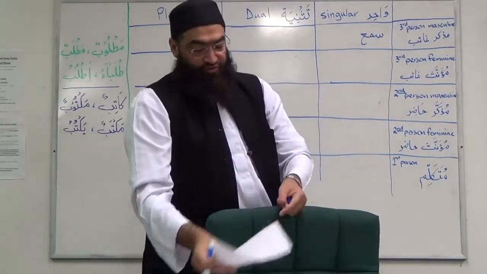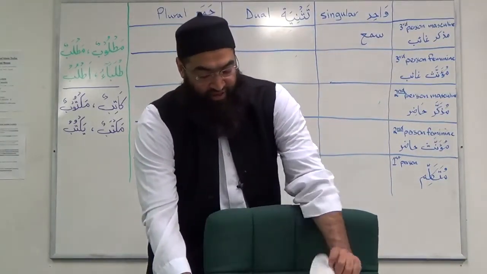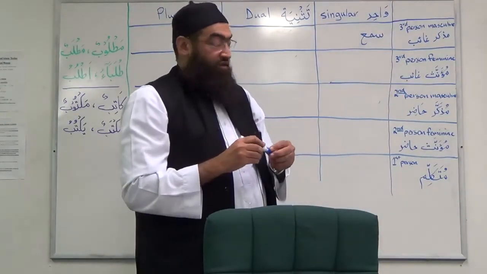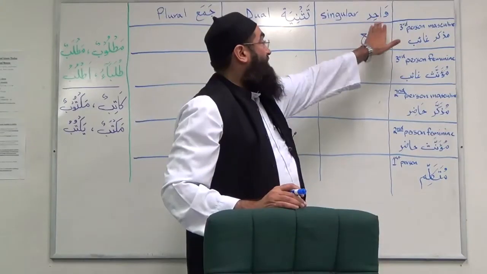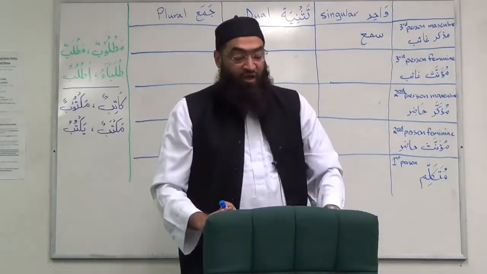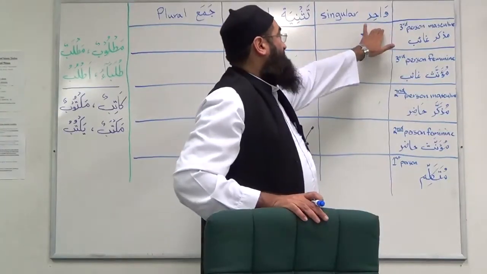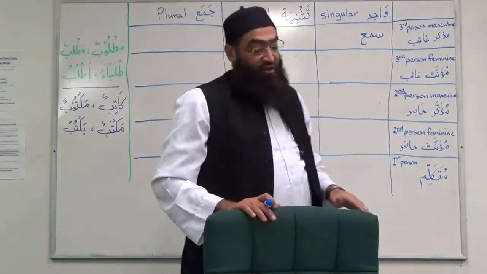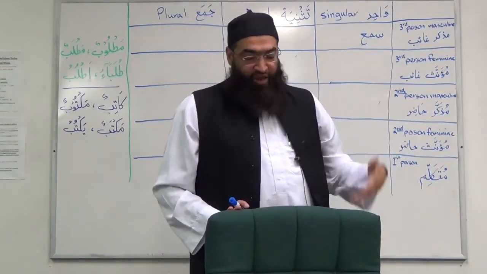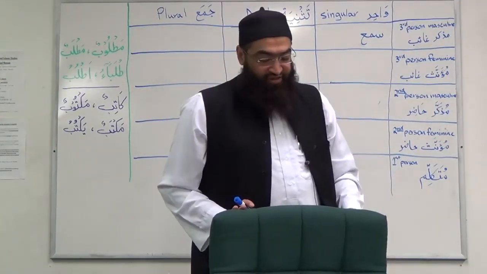What I want to explain in this is, in most cases, the three letters of the wahid mudhakkar ghaib, in the Quran, in Hadith, and in Arabic, have fathas on them. Sama'a. Like dakhala, qa'ada, jalasa, balagha, nashara, we went through all of these examples.